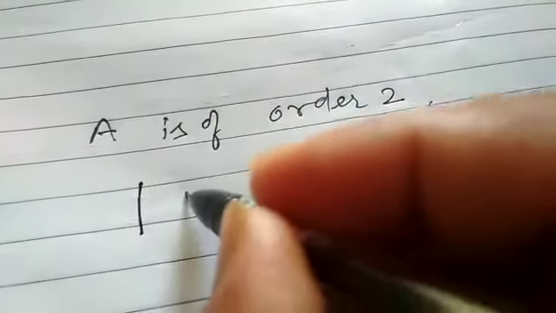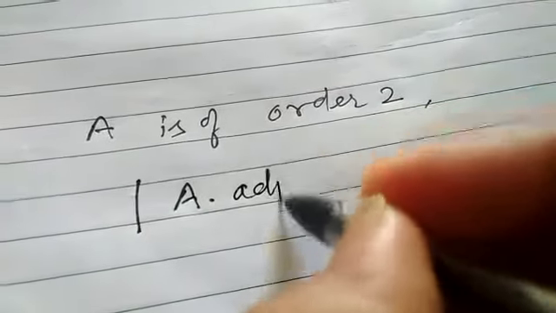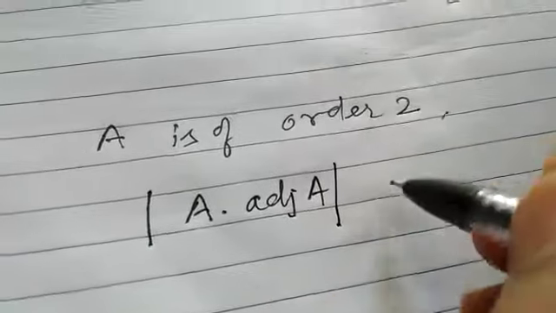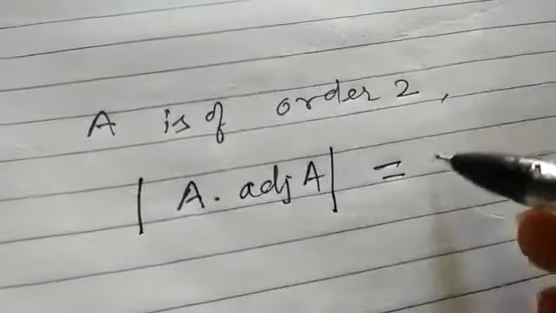determinant of A times adjoint of A will be equal to, what is the value of this directly?